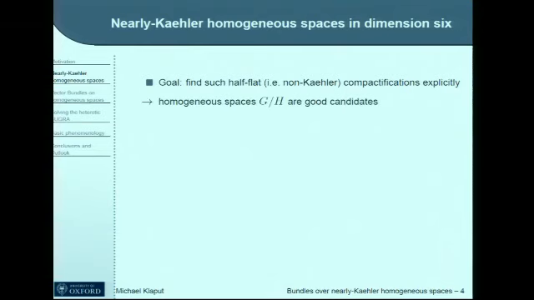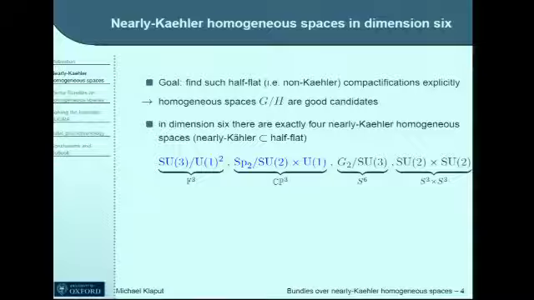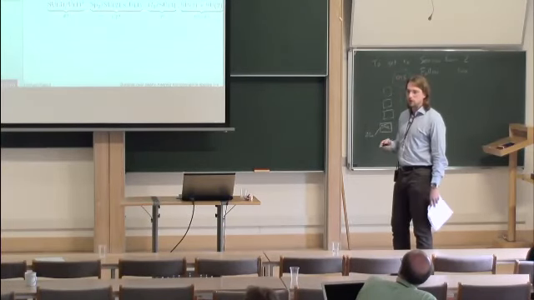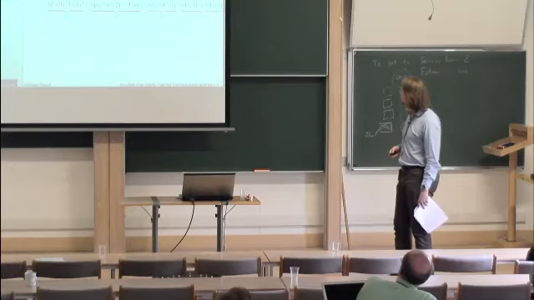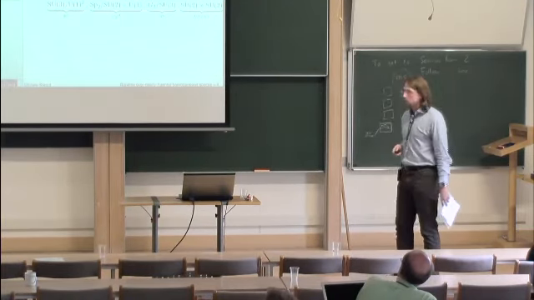One quite convenient set of spaces are coset spaces of the form G mod H, where G is a Lie group and H is some compact subgroup of the Lie group. It turns out that in dimension 6 there are exactly 4 Nearly-Kahler homogeneous spaces, and Nearly-Kahler is a subset of half-flat. They are these 4 cosets, and I've colored 2 of them because those turn out to be the more interesting ones in terms of physics in the end. I also indicated what they are as topological spaces.